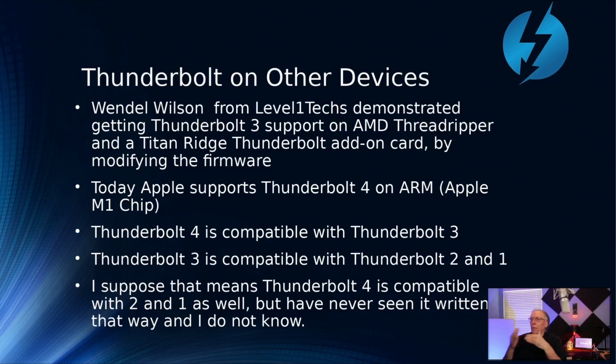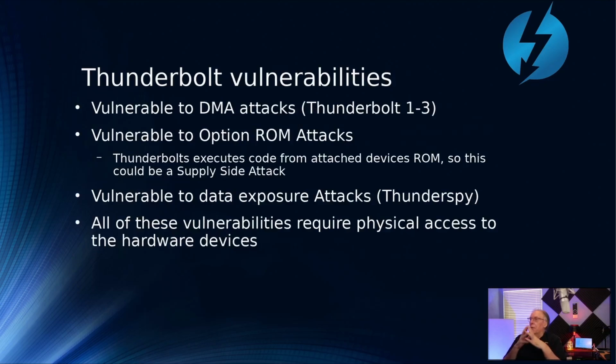But you are giving up your speed. Your bus is going to run at the speed of the slowest device. It's just like anything else, right? You're not going to be able to maintain a 40 gigabit per second connection if you start plugging Thunderbolt 2 devices into it. That will drop down to 20 gigabits aggregate and 10 gigabits for your send and receive, as you will see when we get over here to talk about it.